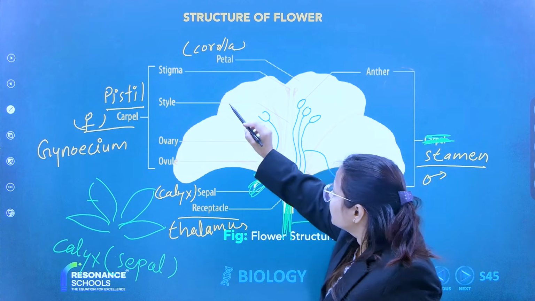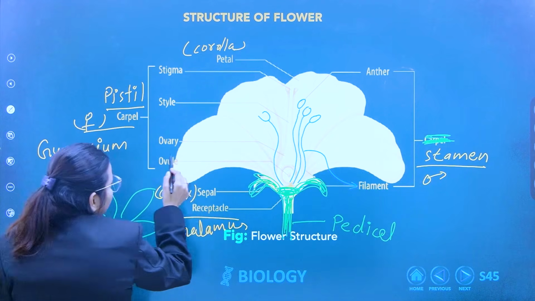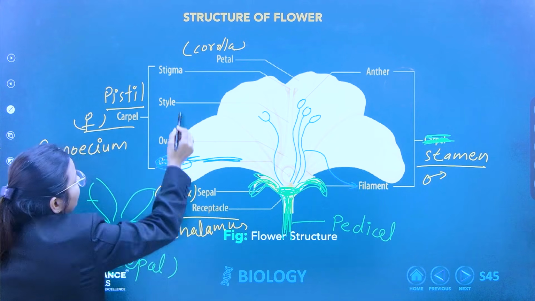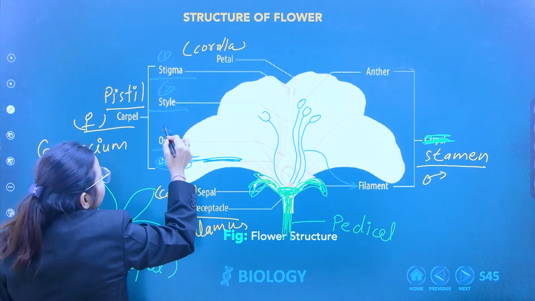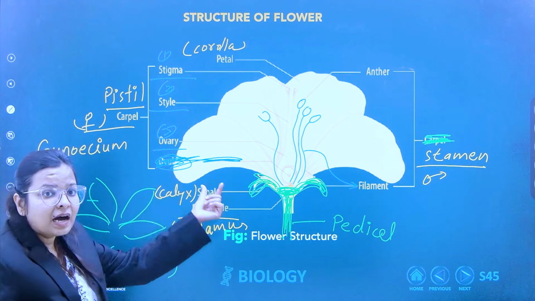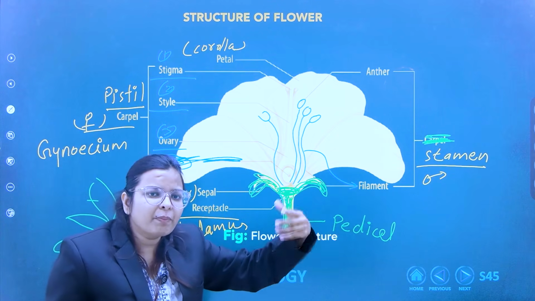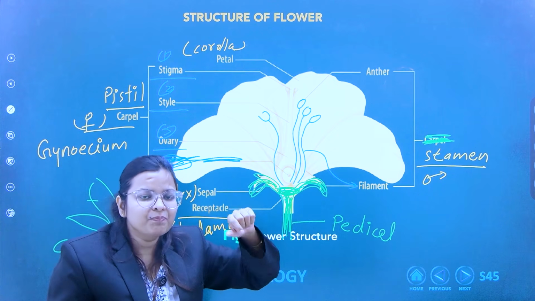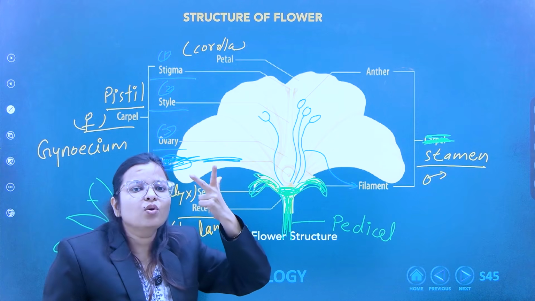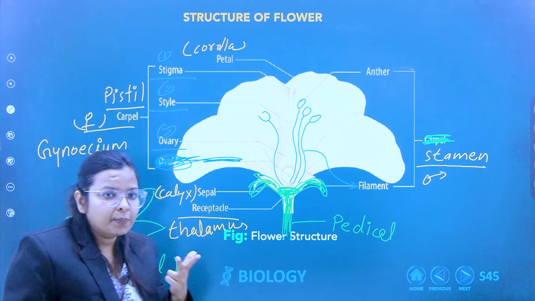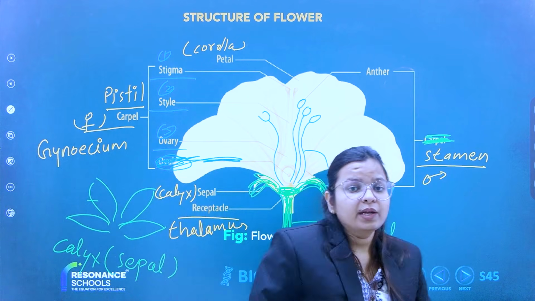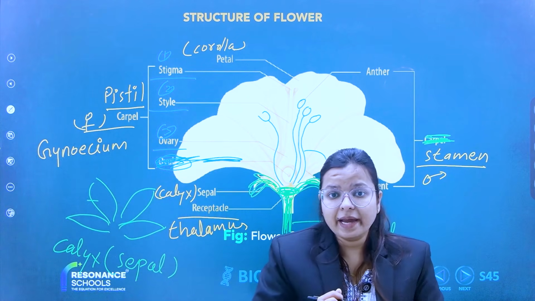Here, stigma, style and ovary. Ovules are inside the ovary, so they are part of the ovary. So you can just say stigma, style and ovary. These are collectively called carpel or pistil, and a group of carpels is called gynoecium.